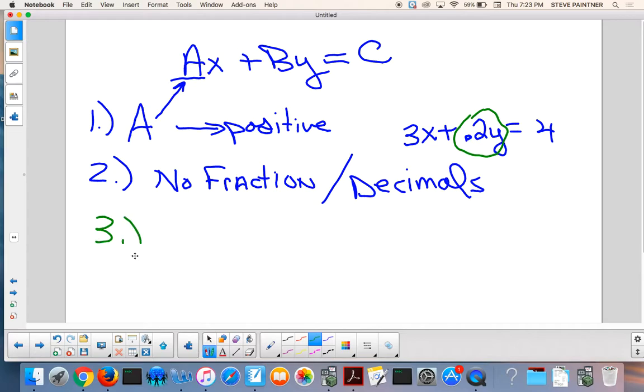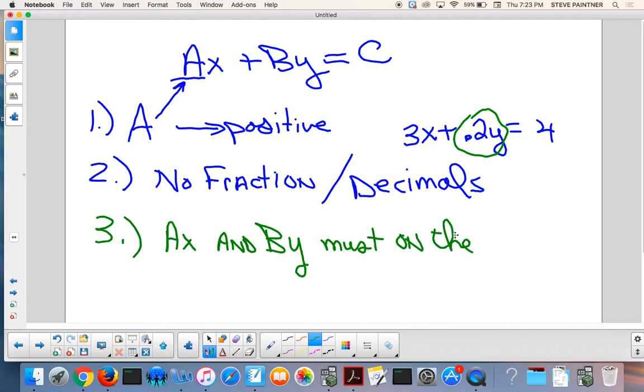Number 3, your ax term and your by term. I'm sorry, not bx, by term. Ax and by must be on the same side of the equal sign.